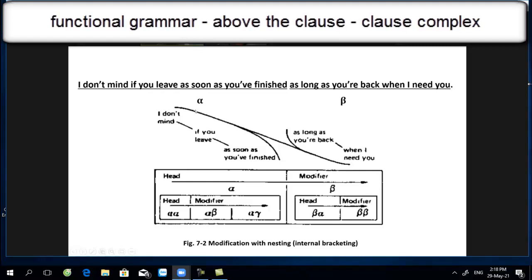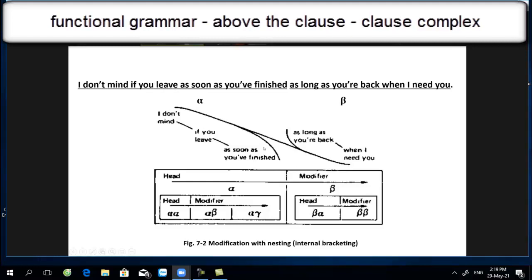So for the first part here, the primary clause, or we can say the head here, it has I don't mind if you leave, and then as soon as you finished. It's a long clause with smaller ones. So for this head, we can divide it into 3 smaller parts. Like I don't mind is the head. If you leave is the modifier.